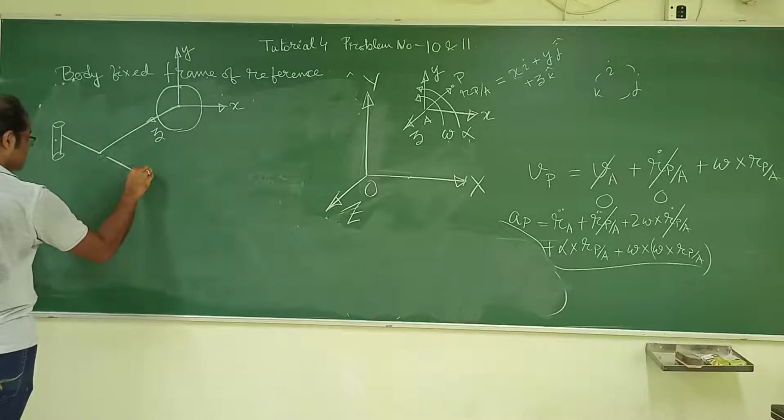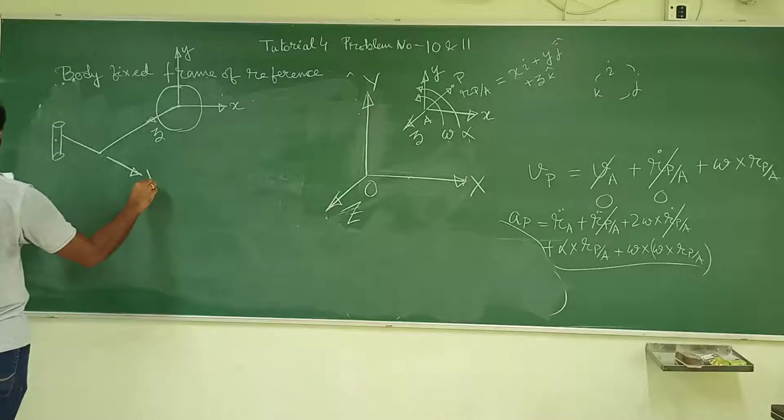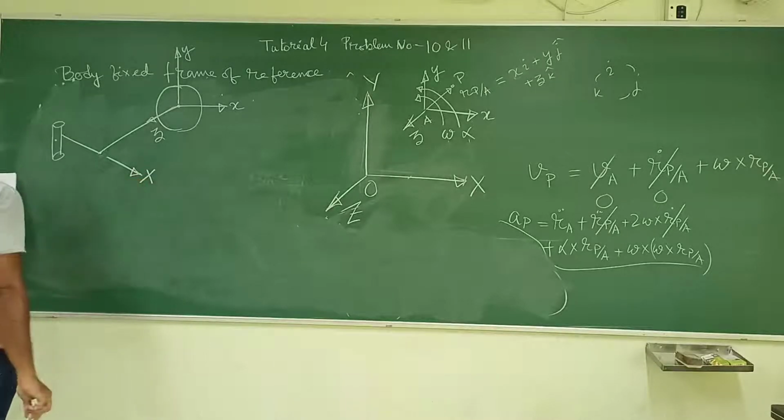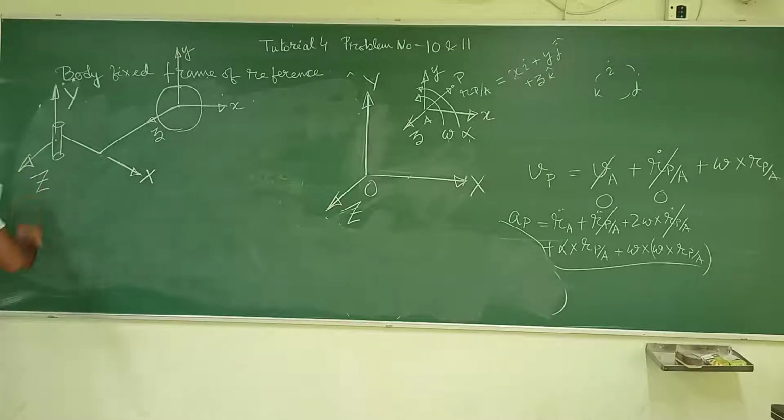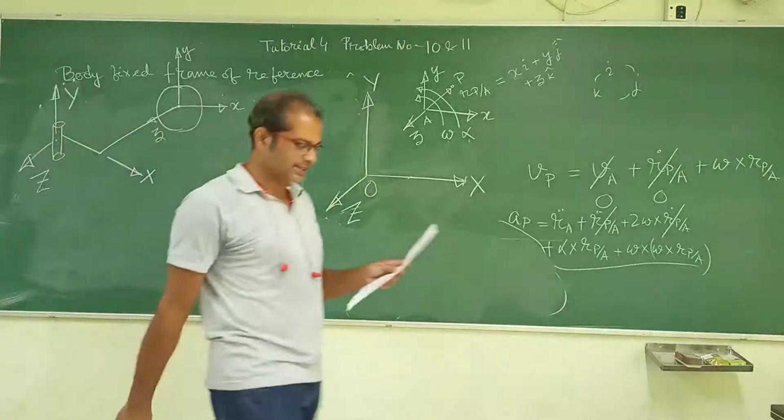So let's say this is my capital X, this is my capital Y, and this is my capital Z. Now how many rotations are there?